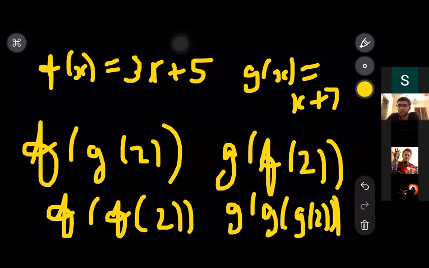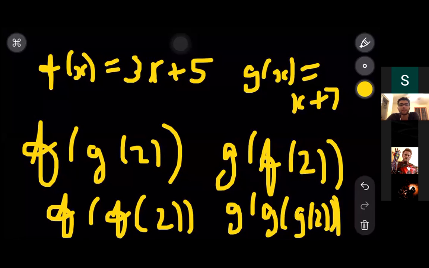Okay, so the answer to the first question is 32, because g of 2 is 9, and we do f of 9, we get 27 plus 5, which is 32. For the second question, the answer is 18, because f of 2 is 11, and then you do g of 11, you get 18.